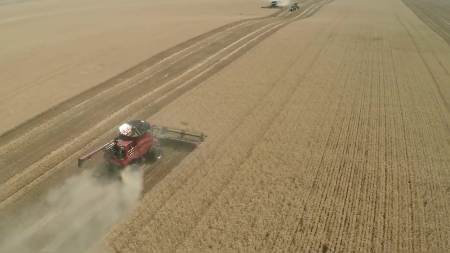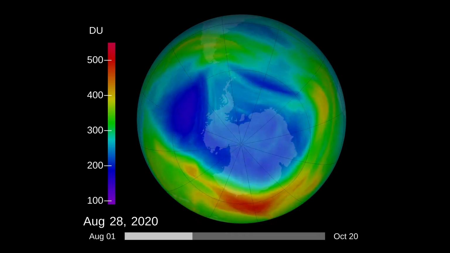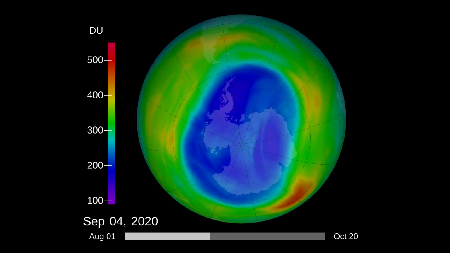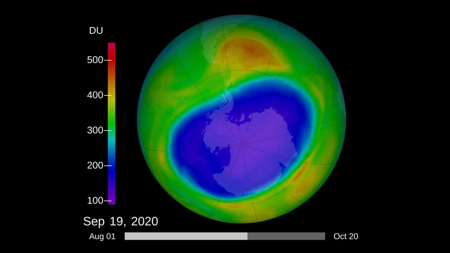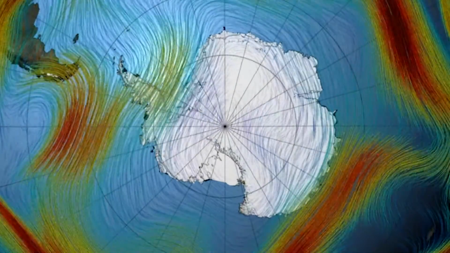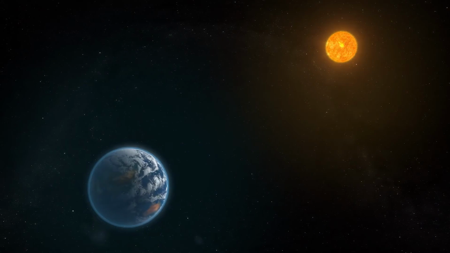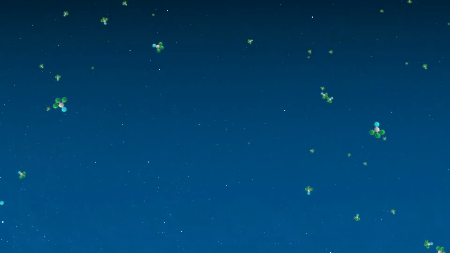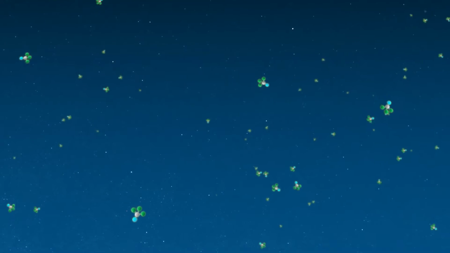So, what causes the ozone hole? There are several major factors that together lead to the destruction of ozone, thus creating the ozone hole. Those factors are: 1. Very strong winds around the South Pole, or the polar vortex. 2. The sun's rays. 3. Chlorine and bromine compounds from ozone-depleting substances. And 4.